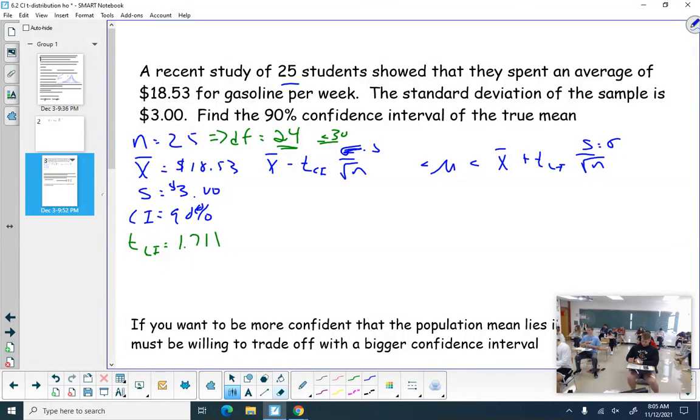So go ahead, calculate. What are our two boundary values for the population mean? Check your answer with somebody around you.